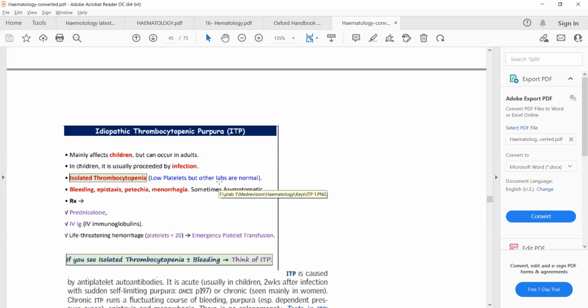And what will be the lab findings? In the lab findings, platelets will be low and bleeding time will be increased because of low platelets. So whenever there are low platelets in the body, bleeding time will be increased. An increase in the bleeding time means either platelets are low or they are dysfunctional.